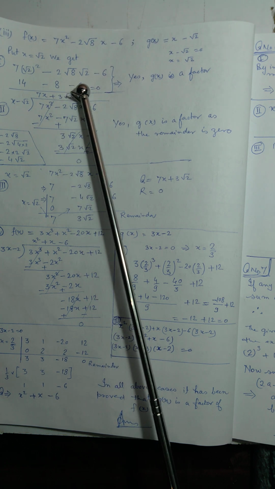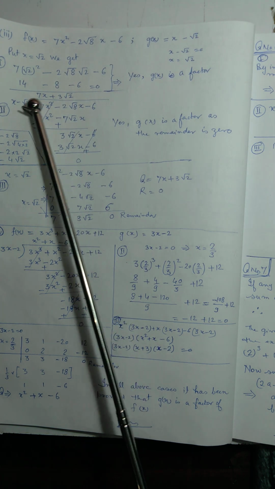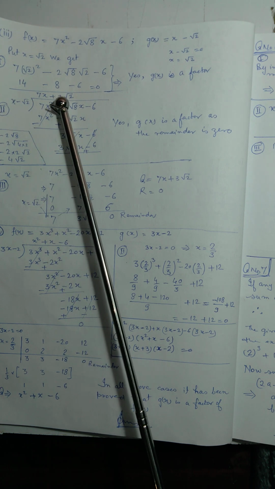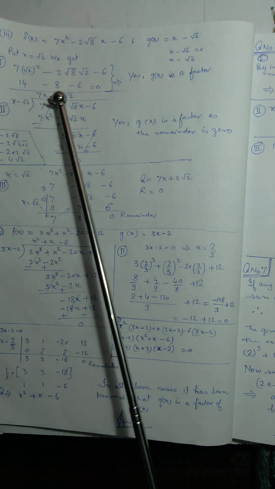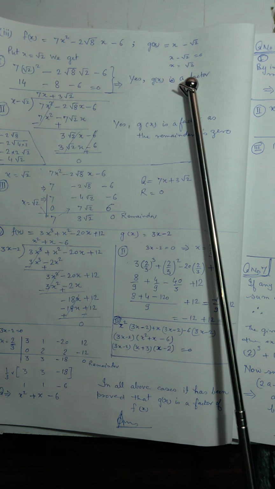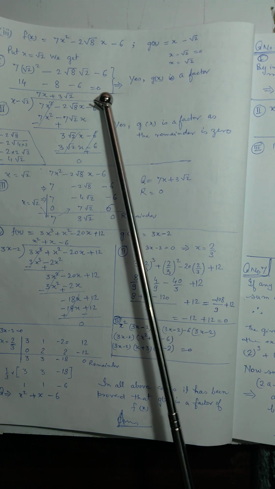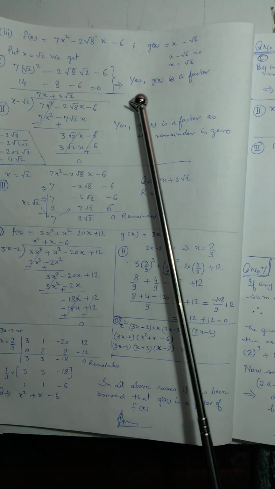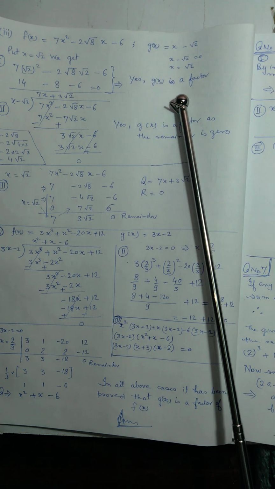Now minus 6 here. So multiply all these things, you will get 14 minus 8 minus 6. Again it is 0. So after substituting the value x is equal to root 2, we got that the complete expression becomes 0. Therefore, yes, g(x) is a factor.